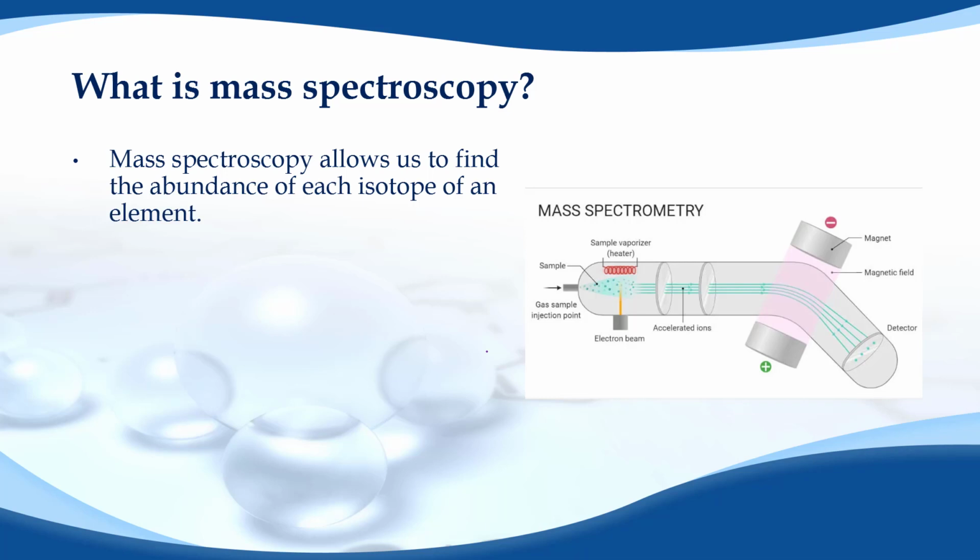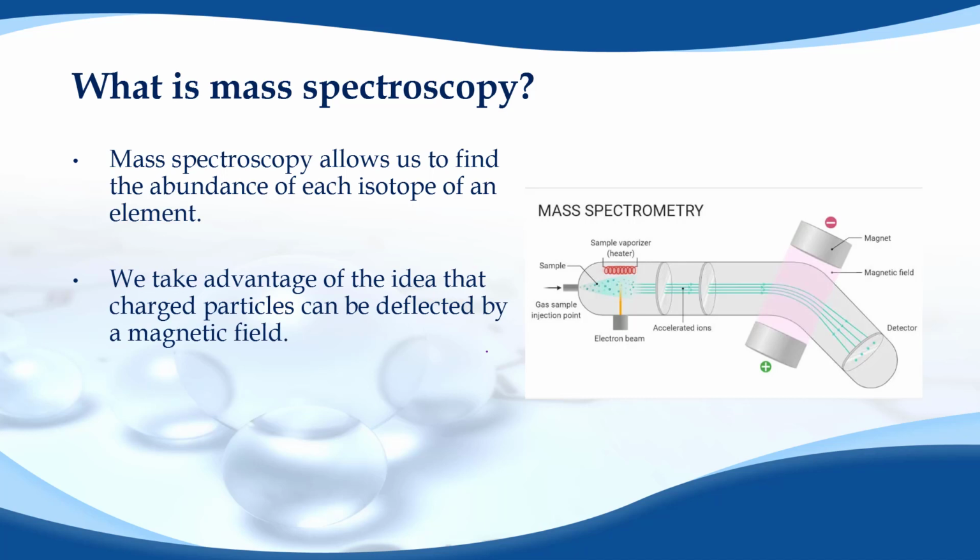One of the ways that we can affect this particle beam is by using a magnet. Like we talked about with J.J. Thomson's cathode ray experiment, charged particles are bent by magnetic fields. So if we turn on a magnetic field, we can cause these ionized or charged particles to bend.